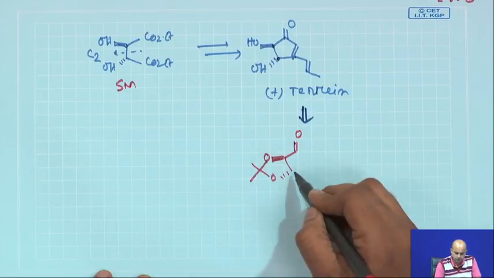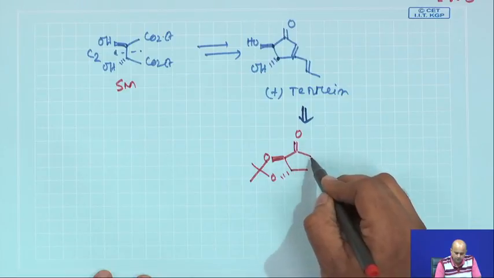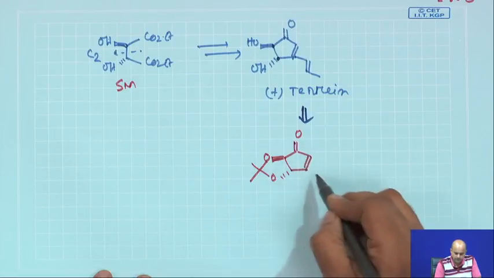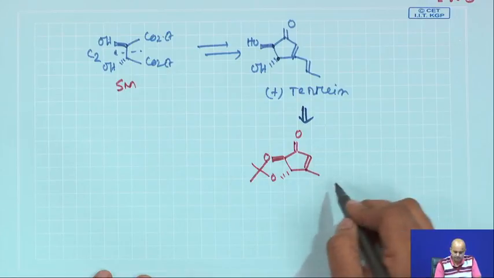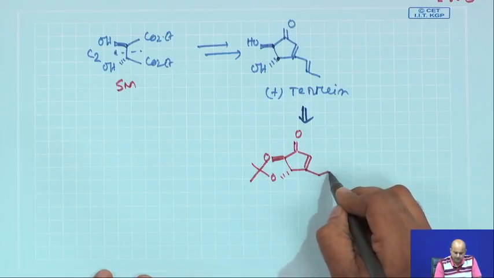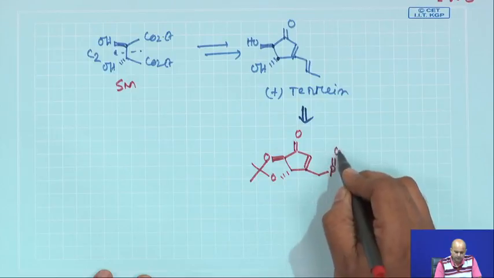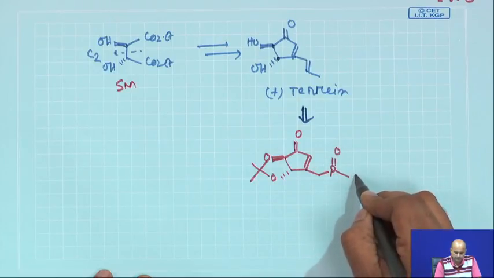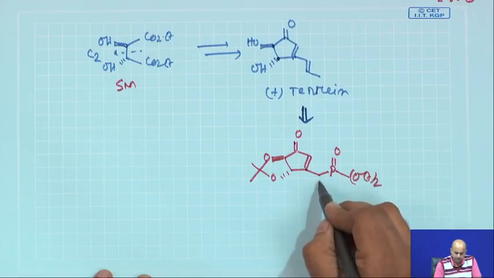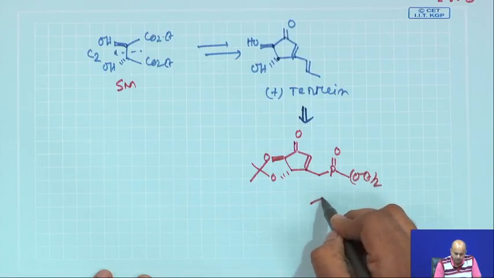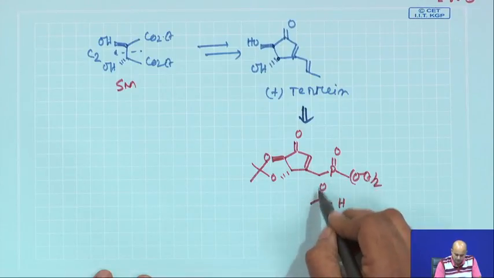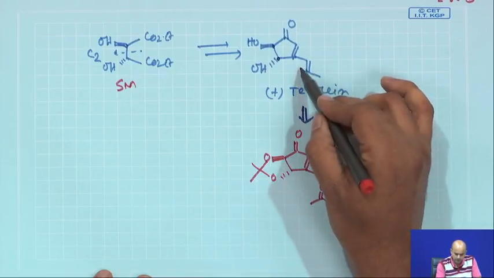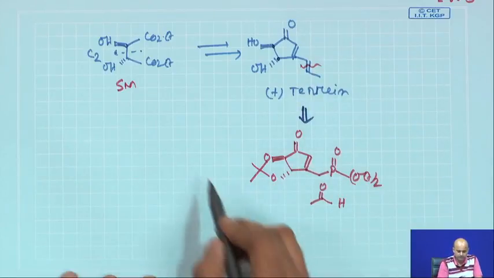So, the best one is to do an acetonide kind of protection, and in this case you will be having some phosphonate kind of thing, and you can do an intermolecular Horner-Wadsworth-Emmons reaction or Wittig reaction to make this particular bond.